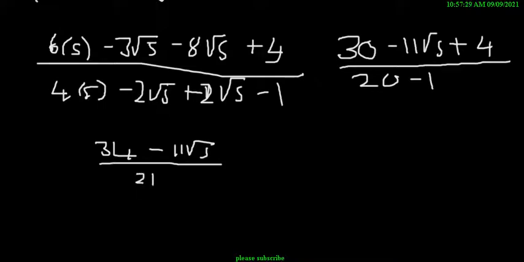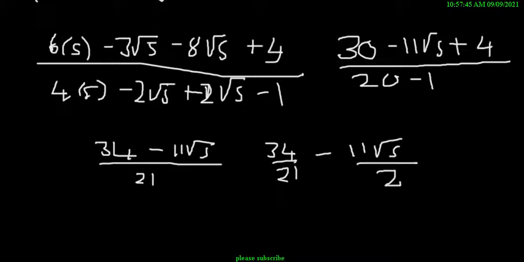We can simply say 34 over 21 minus 11 root of 5 over 21. Sorry, I beg your pardon, this is 19, not 21. Let's just correct that.